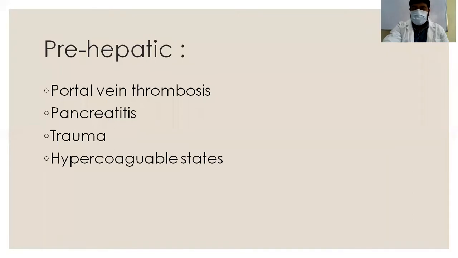Due to the thrombosis, there is obstruction to the flow, so the deoxygenated blood, which is rich in nutrients and toxins, doesn't enter the hepatic area because there is a thrombus blocking it. Pancreatitis is another cause, trauma can occur, and hypercoagulable states. These are a few prehepatic causes of portal hypertension.